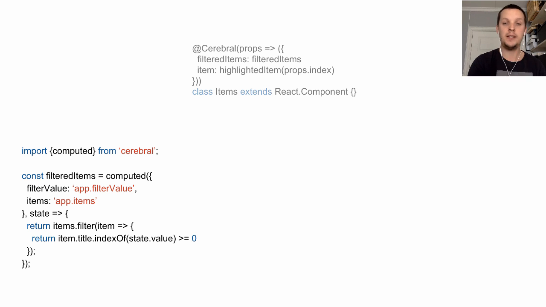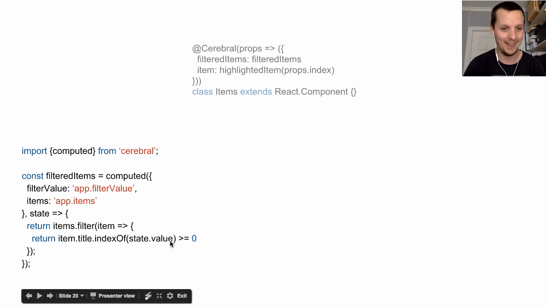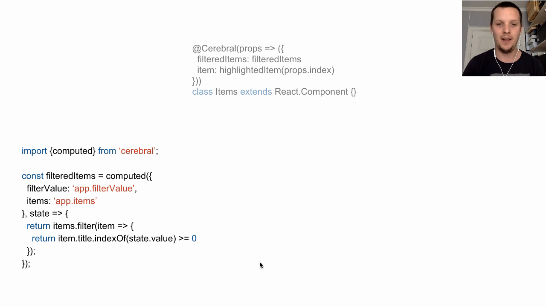And its state dependencies can also be other computed functions. So you can kind of like nest this all the way. So there's no like magic to this. It's interested in the current filter value and the items, and based on those two states, and if any of them changed, it runs that function which filters out the items. Yeah, and I have a typo here again. It should be value up here. It doesn't matter. You understand what I mean.